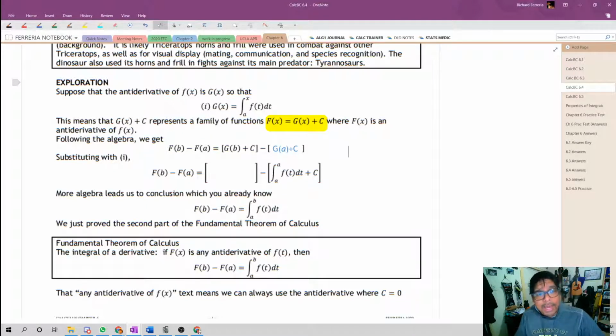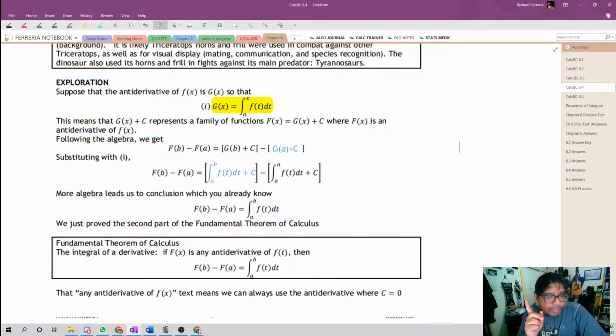So capital F(a) is equal to capital G(a) plus constant. The next thing we're going to do is substitute in, because I know that capital G(x) is the integral from a to x of little f(t).